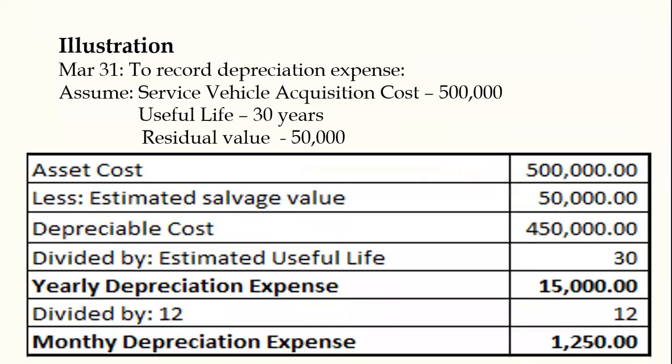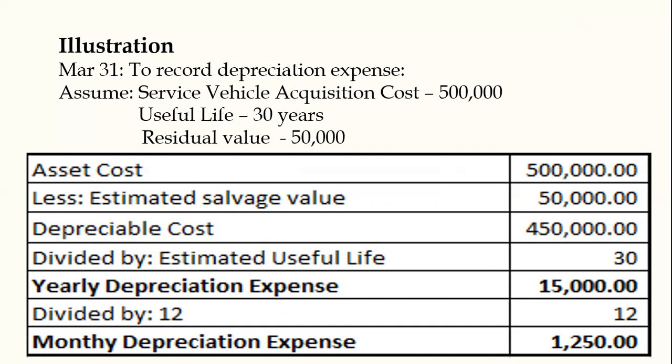Sabi natin, ang formula ay asset cost less estimated salvage value. Ang sagot ay depreciable cost divided by the useful life, that is 30. And then mayroon tayong yearly depreciation expense. So 15,000 is the yearly depreciation expense. But this time, we need to record the monthly depreciation.